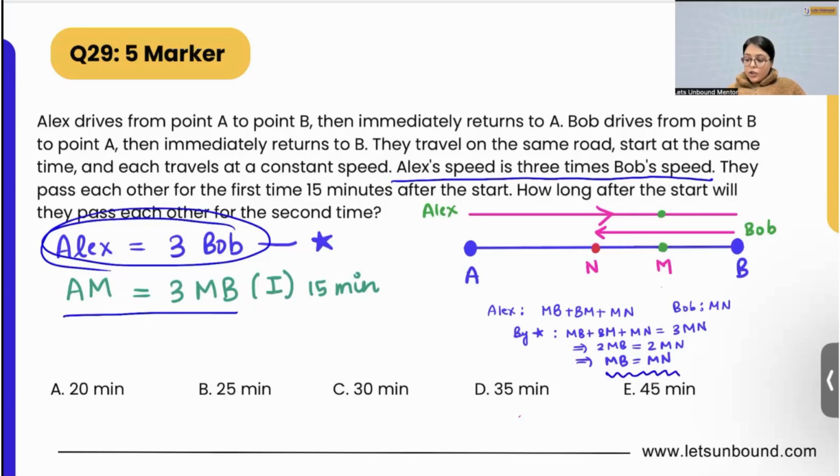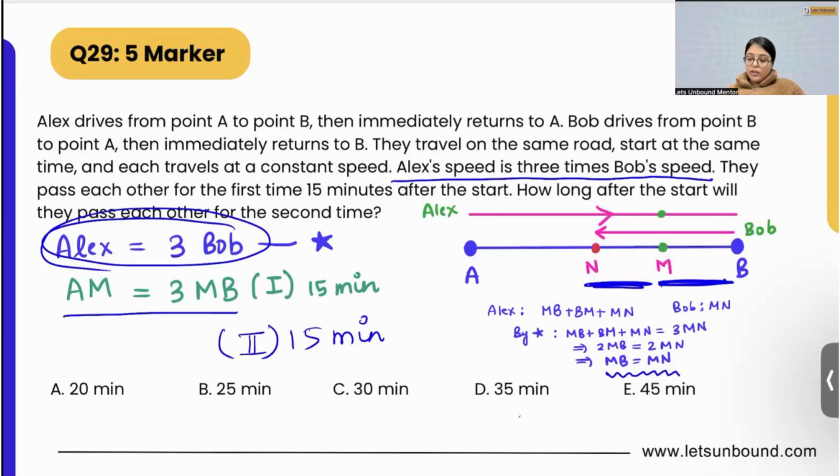That means as much time Bob took to cover MB, the same time will be taken for Bob to reach MN. And obviously, they both are meeting now at the same point, that is N, right? So if Bob took this much time, 15, from B to M, so from M to N also he will take 15 because speed is the same for Bob, right? So that means it will take another 15 minutes for them to meet for the second time.